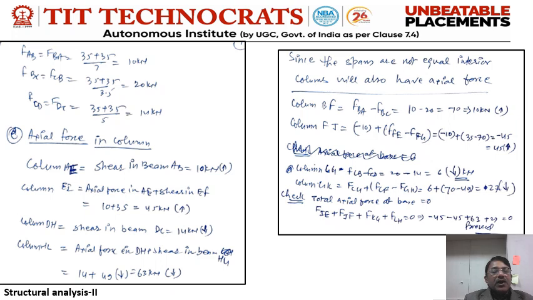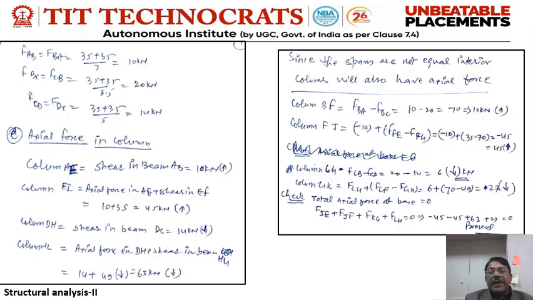Now the axial force in the column. The axial force in column AE should be equal to the shear in the beam AB, so that is 10 kilonewton. In column EI, it is the axial force in AE plus the shear in beam EF. Adding 10 plus 35, that is 45 kilonewton, and so on.